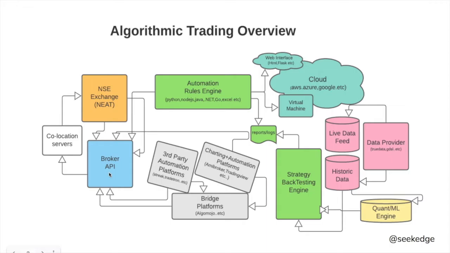Now when we talk about algorithmic trading, you see there are two greens here. One is the automation rules engine, and the second one is the strategy backtesting engine. So automation is one part, and backtesting is the second part.